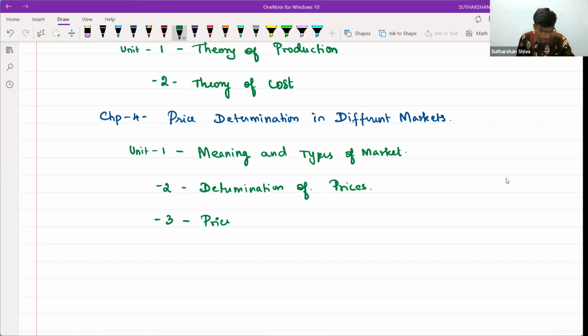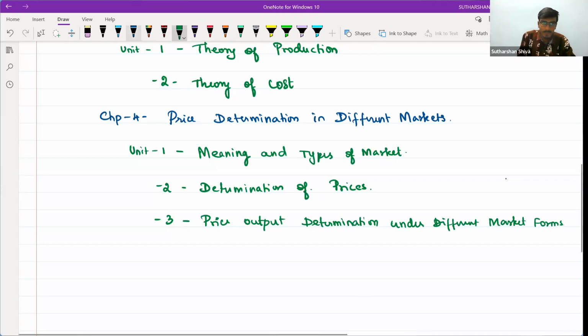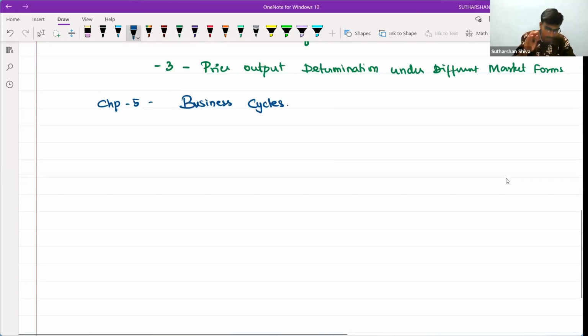We have so many types of markets, and this is how you determine the price: price and output determination under different market forms. Next, chapter 5 is a very simple chapter, everyone's favorite chapter, that is business cycle.